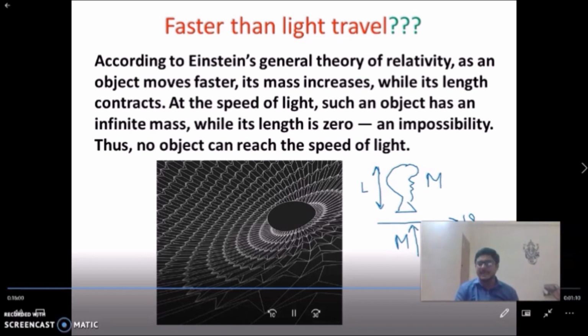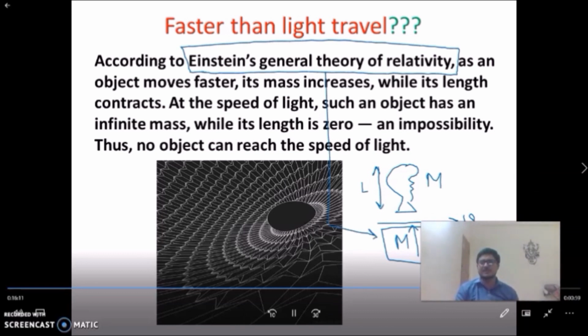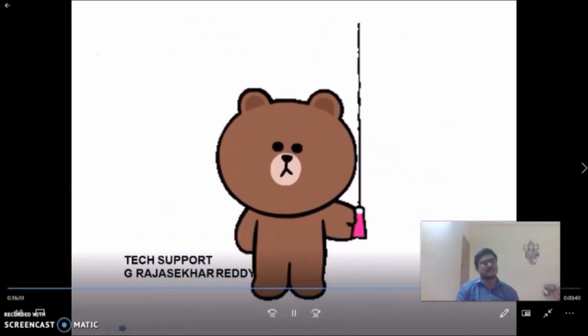Mass will increase and length will decrease, according to Einstein's theory of relativity. In higher classes you will learn all these things, and the mathematics also. So when velocity becomes c, his mass will be so high, close to infinity, and length will be so small, that is 0. Is that possible? No, not possible. So no one can ever move with the velocity of light.